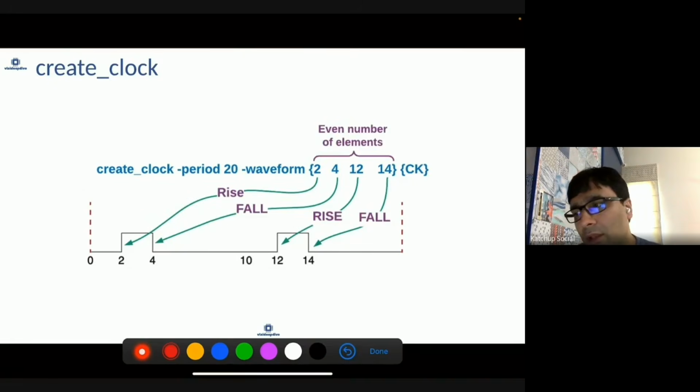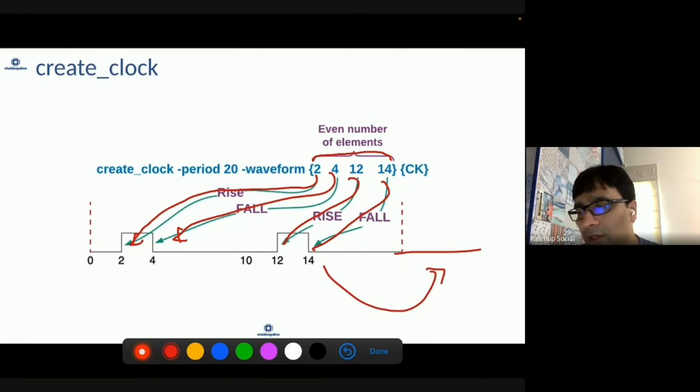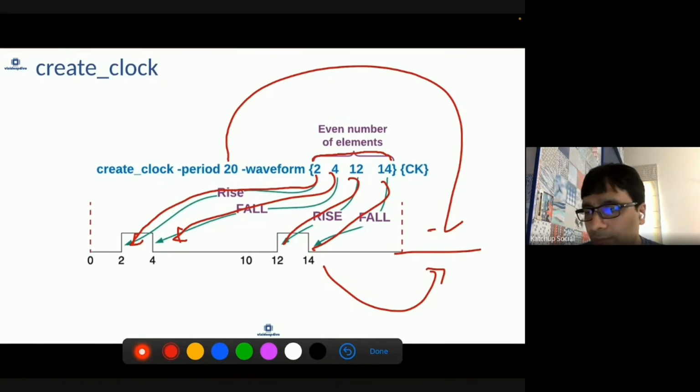Because of this, the waveform should have an even number of elements, because you're telling when the clock is rising, when the clock is falling, then rising again, and then falling. So rise and fall, for a periodicity, should be an even number of elements, and the same behavior then repeats every 20 units.